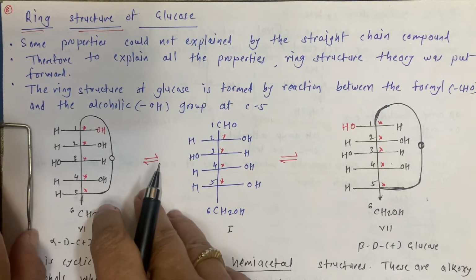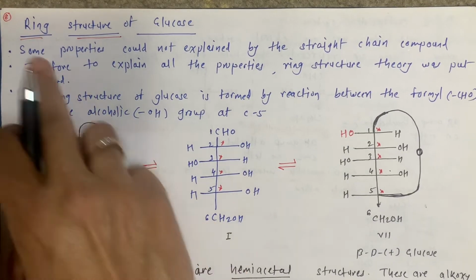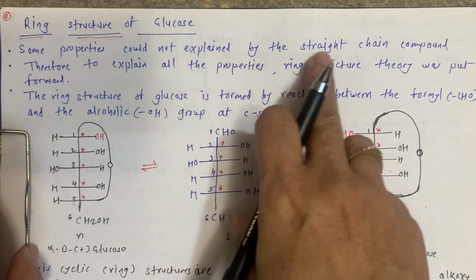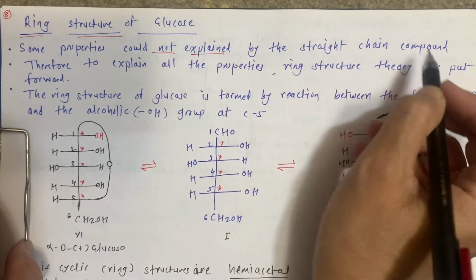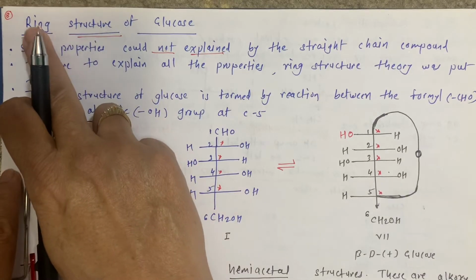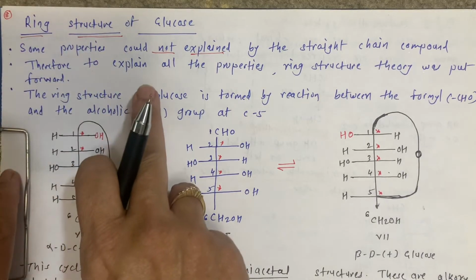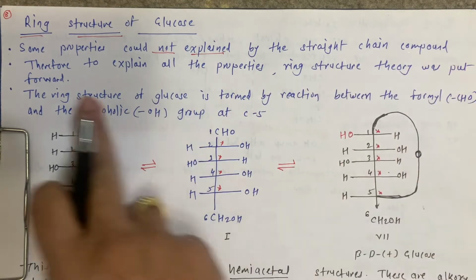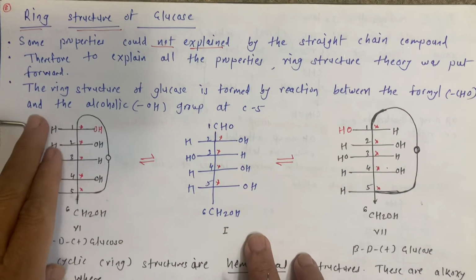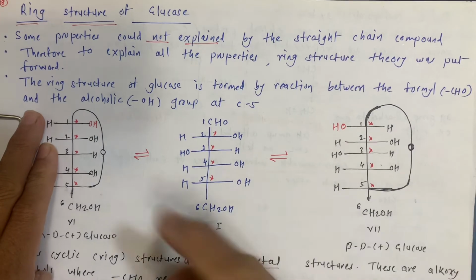A few properties could not be explained by the straight chain compound, so we have to think about the ring structure of glucose. To explain all the properties, the ring structure theory was put forward. What is this ring structure of glucose?